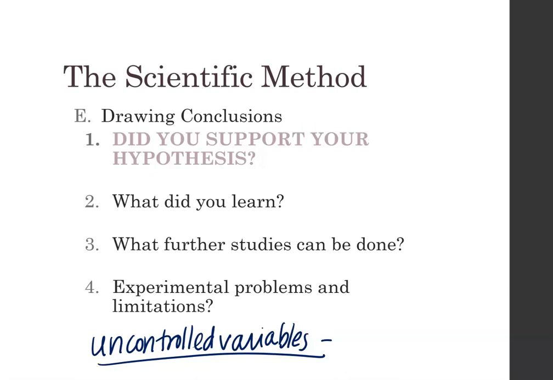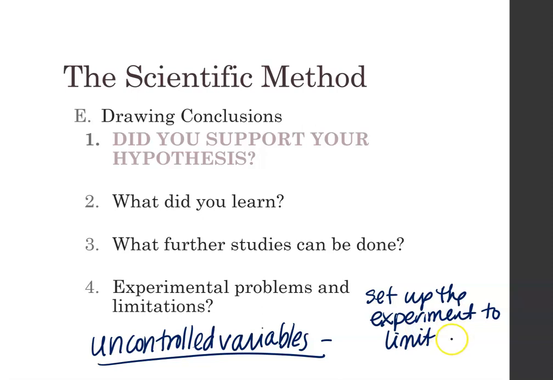Other times, you can actually set up the experiment to limit those uncontrolled variables or those outside factors. And you do that by keeping trials consistent between your control and your experimental.